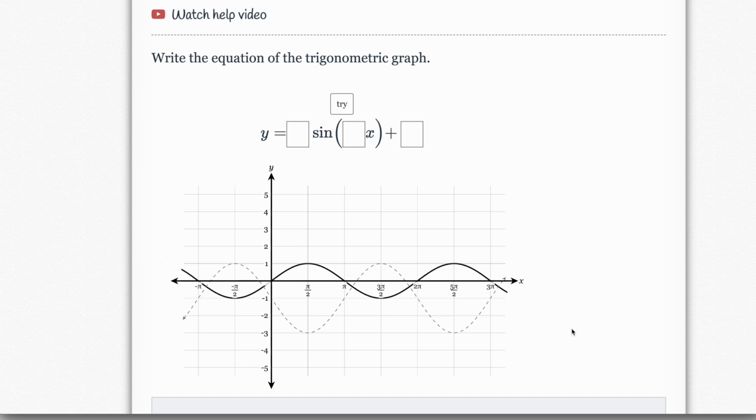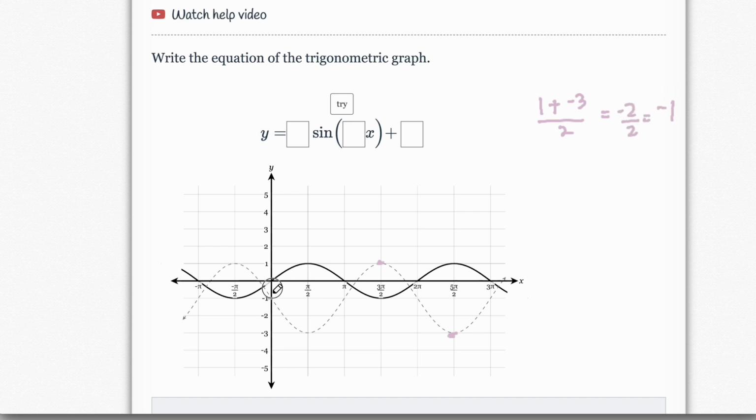All right, this one's a little bit different. First, this is a sine function, but there's a couple of things wrong. So the first thing you have to look for is you need to find the midline. It goes up to 1, but it goes down to -3. So we need to find what that midline is. We need to find the average, which is -2/2, which is -1.